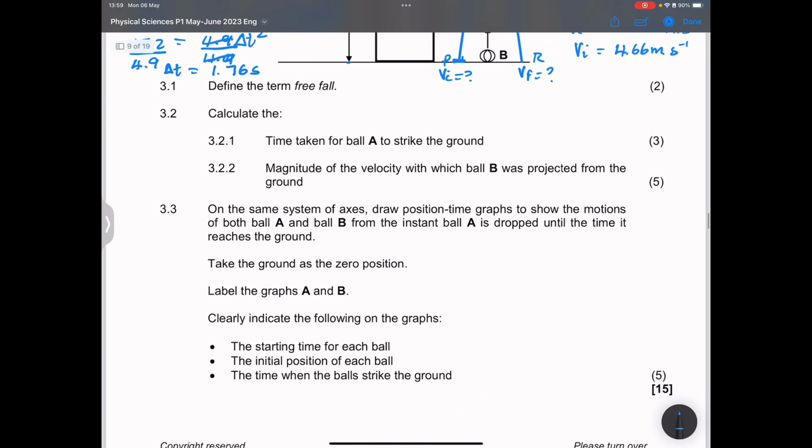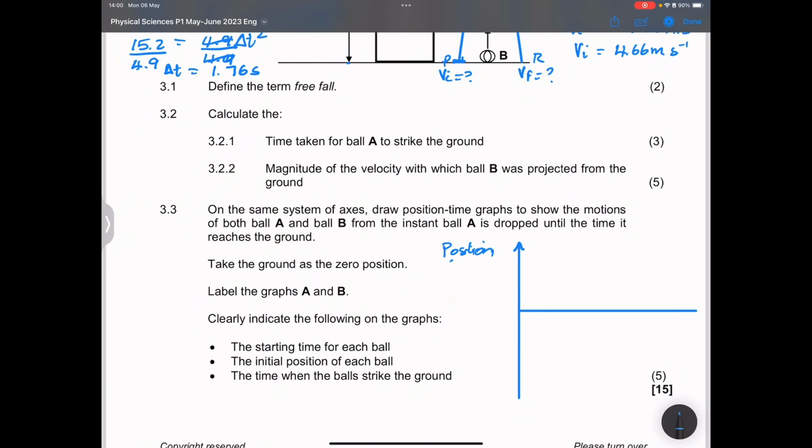So they say to us, on the same set of axes, draw a position time graph to show the motion of both ball A and ball B from the instant that ball A is dropped until the time it reaches the ground. So remember we're talking about position versus time.